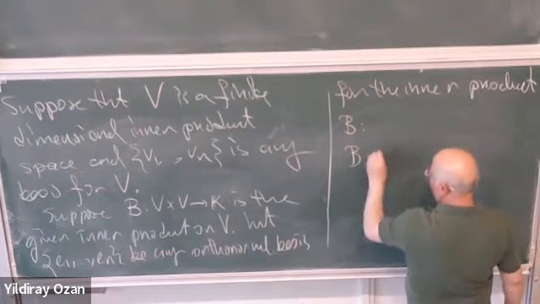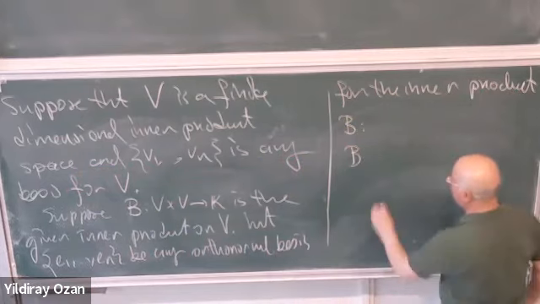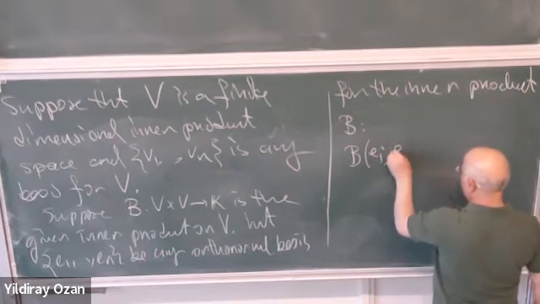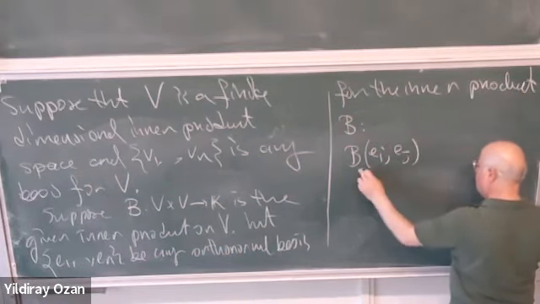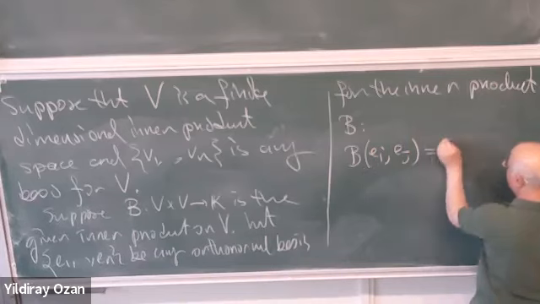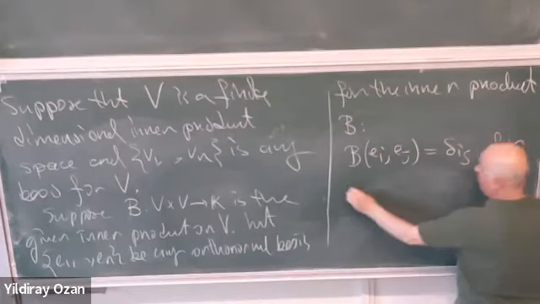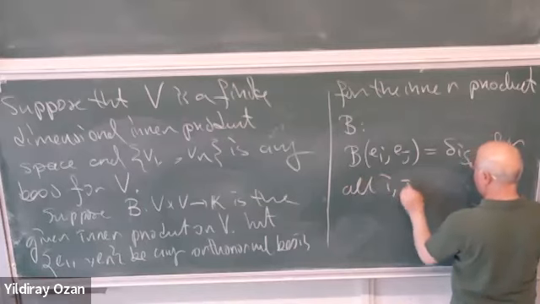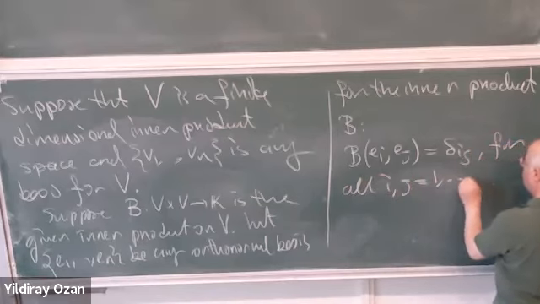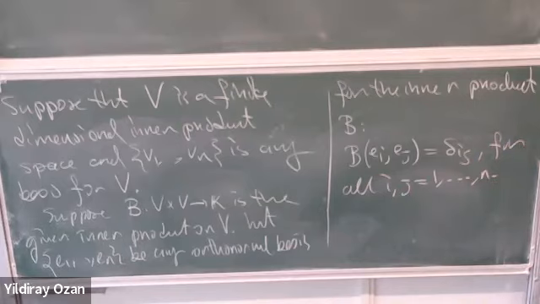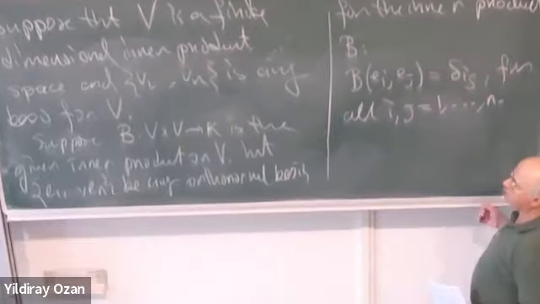Yani şu. Bu bir basis e1 ve ne sağlıyor? B(ei, ej) is equal to delta ij, for i, j from 1 up to n. Peki ne dedim? Ben şimdi başka bir inner product vereceğim.